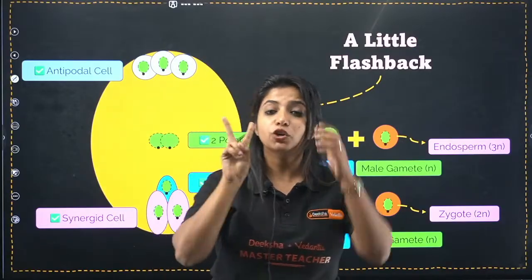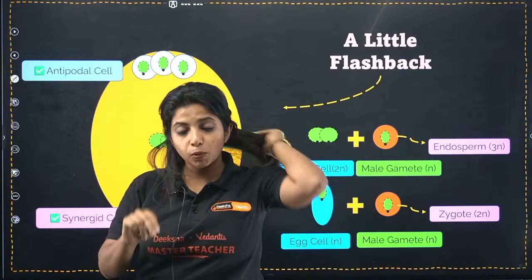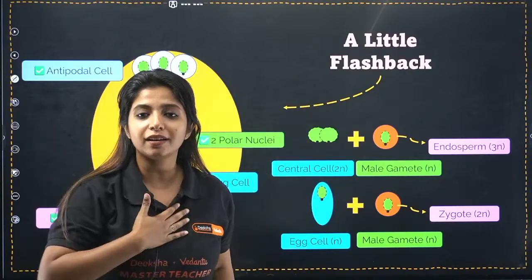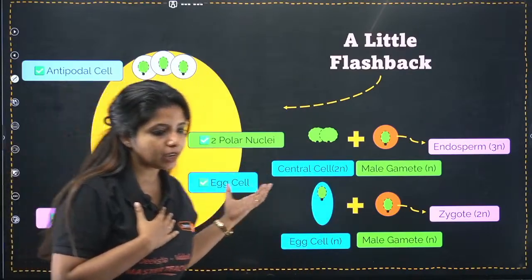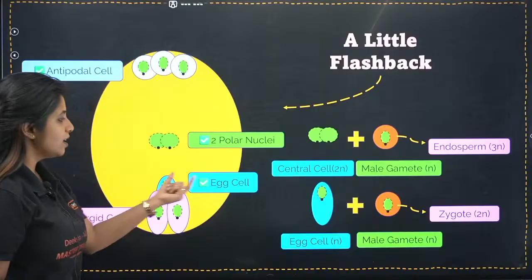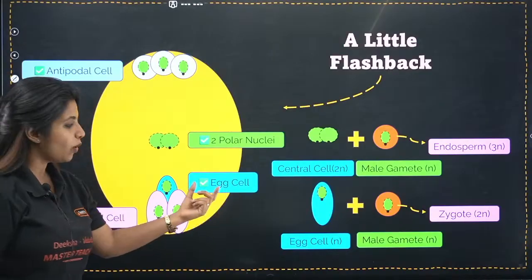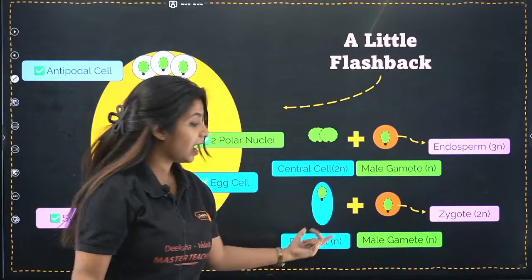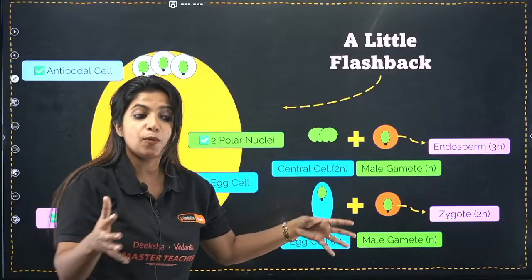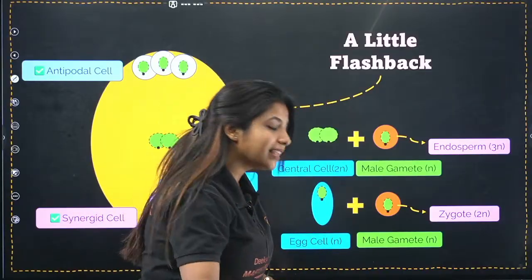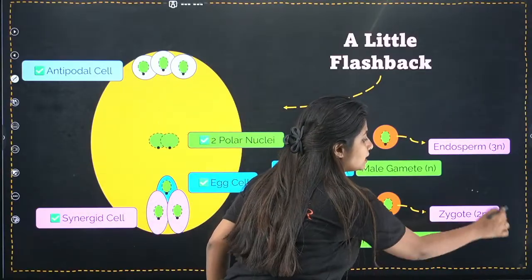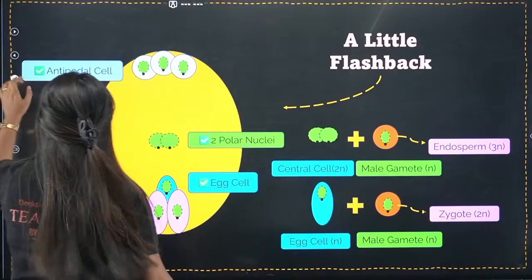How many? There are 2 gametes inside the pollen grain. One gamete says, hey, my lady is right up there, I just want to go and fuse with that. So my lady is what? The egg cell. So the egg cell and one male gamete both fuse together, and that is how you get the zygote. You get what? The zygote.